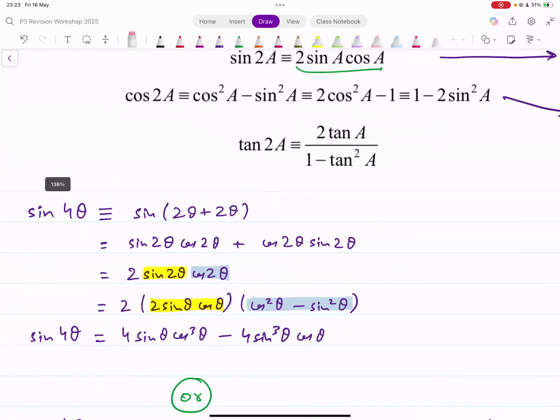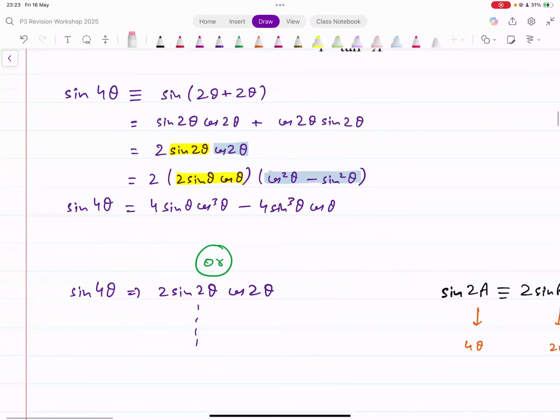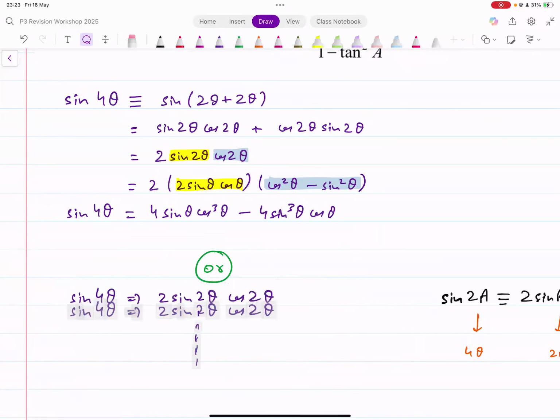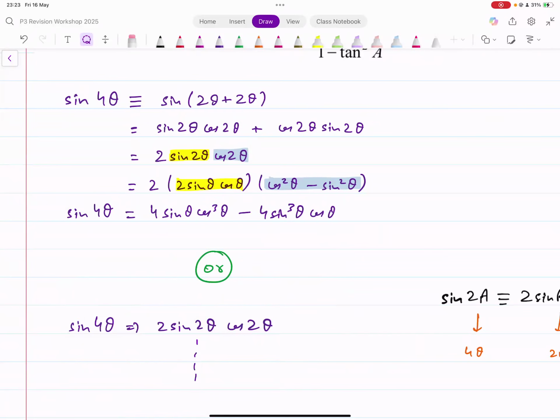An alternative for this could be using the double angle identity for sine of 4 theta. Since you have the double angle identity for sine, sine of 2a is identical to 2 sine a into cos of a. We could say whatever is the angle on the left side here, on the right side, the angle is half of that.